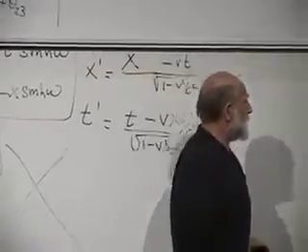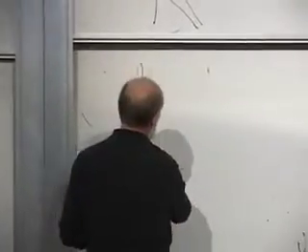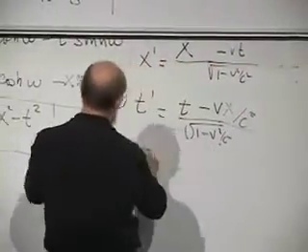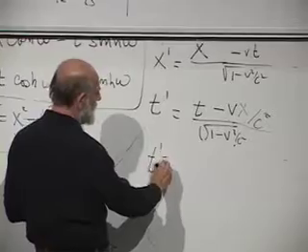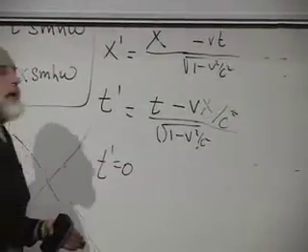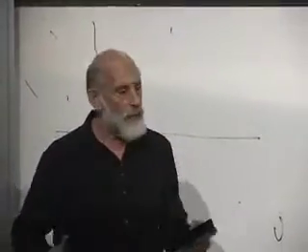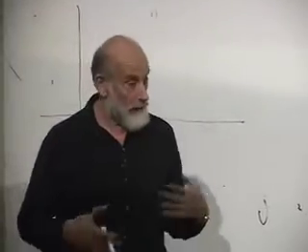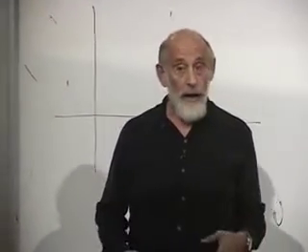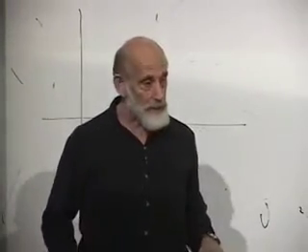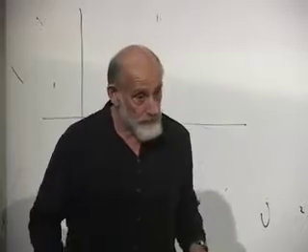Let's look at this one over here. Let's look at the surface t prime equals 0. T prime equals 0 is the set of points that I, in my moving reference frame, call time equals 0. It's what I call the set of points which are all simultaneous with the origin.